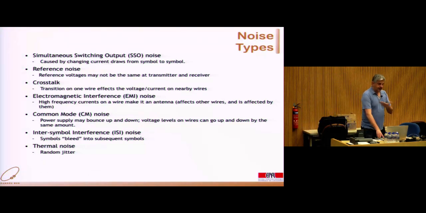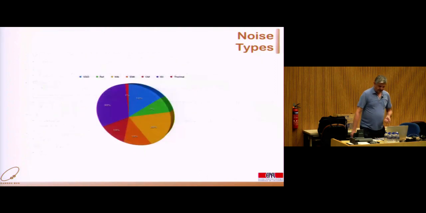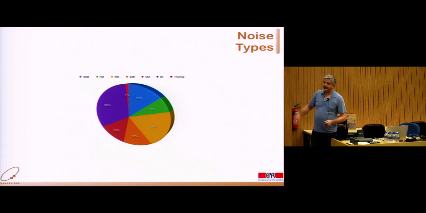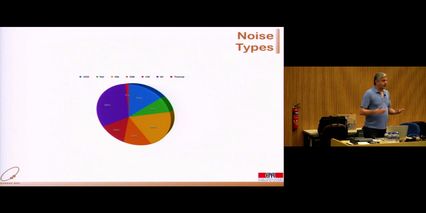And that noise is completely dominated by the other types. So this is maybe a qualitative or quantitative view of how much the various noise types contribute. I can see that you can't read the text, but that's not really the point.